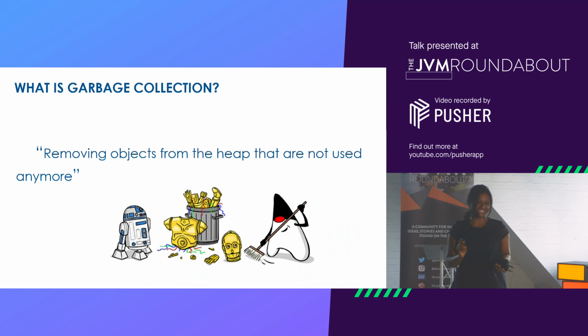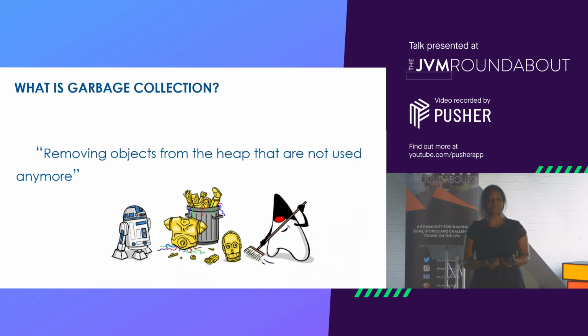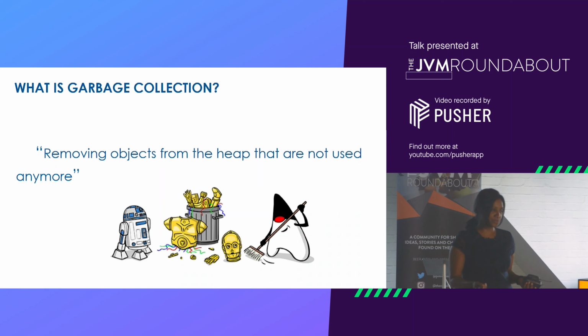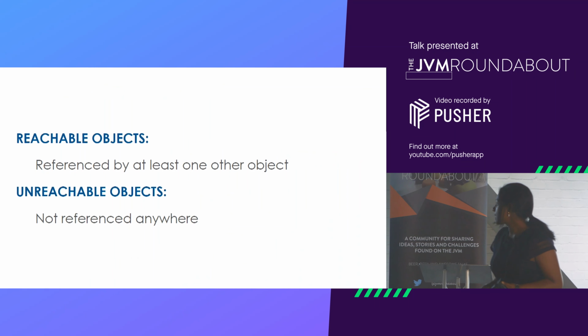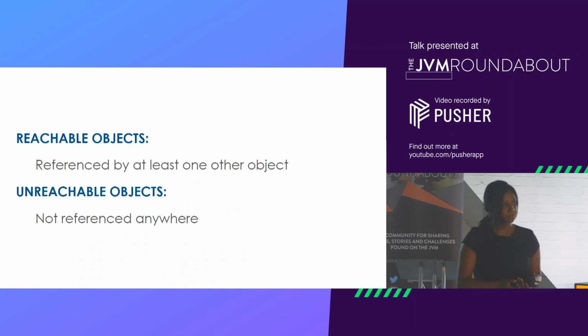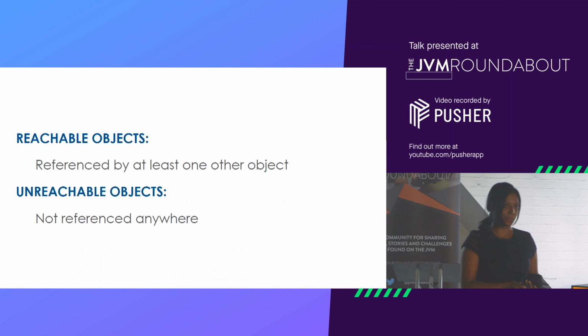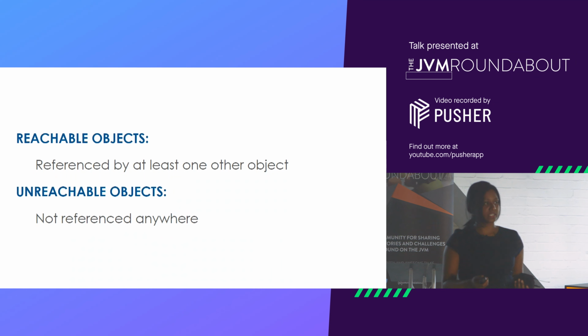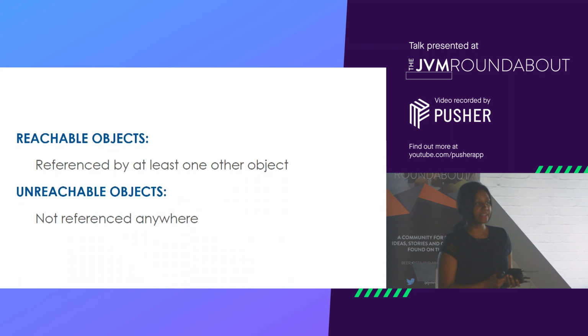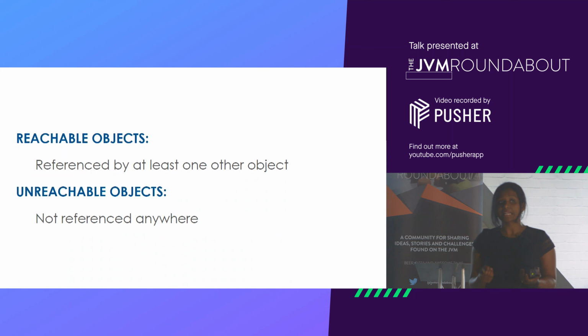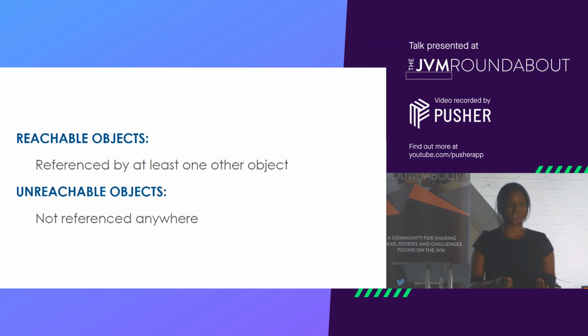What is garbage collection? Garbage collection is the process of removing objects from the heap that are no longer used. There are two types of objects, reachable objects and unreachable objects. Reachable objects are live objects that are being referenced by at least one other object within your application.